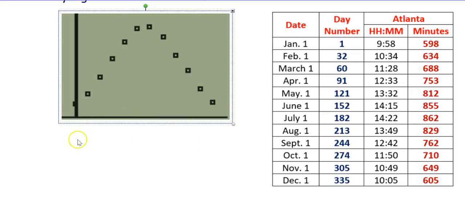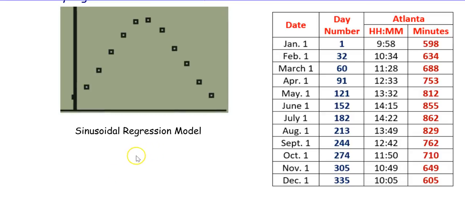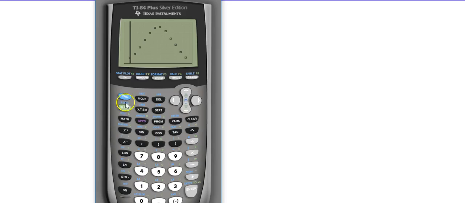It's a sinusoidal regression equation. So using our graphing calculator, we have to look for the sinusoidal regression model. How do you do that? Let me take a new page and go to calculator. I'll go to stats, calculator, that's CALC, and go down all the way.